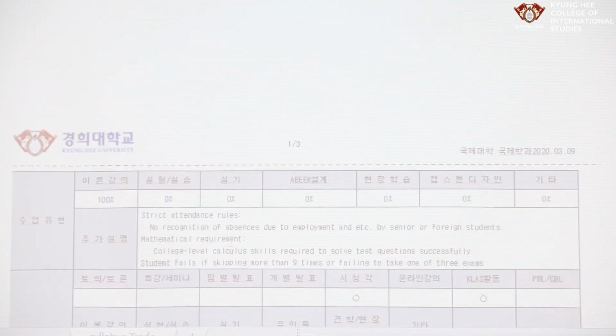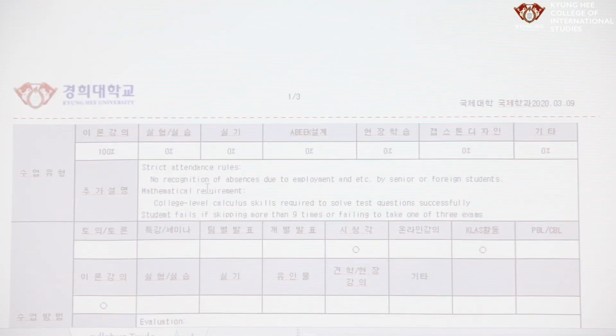Okay, then some attendance rules. No recognition of absence due to employment and so on by senior or foreign students. So you should be careful about this. Also, a mathematical requirement. College level calculus skill is required to solve test questions successfully. And you want to get high grades, right?